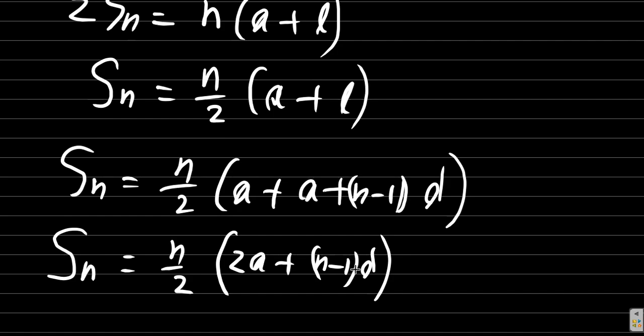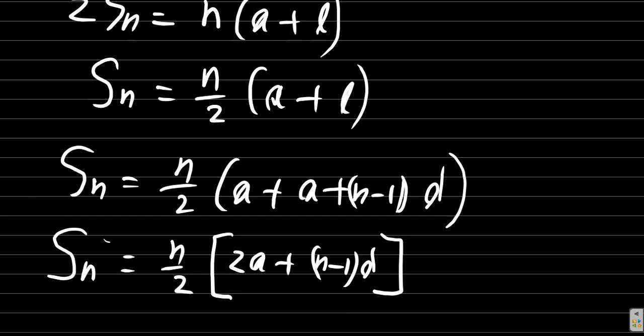So that is the sum of the first n terms. In fact, to make it look neater, let me use square brackets. So in square brackets, right, so that is what we have as the sum of the first n terms of an arithmetic progression.